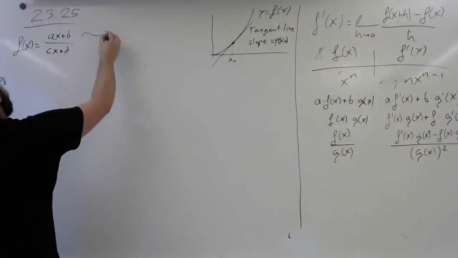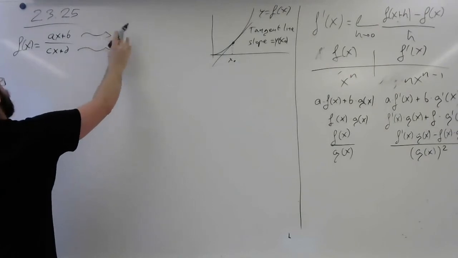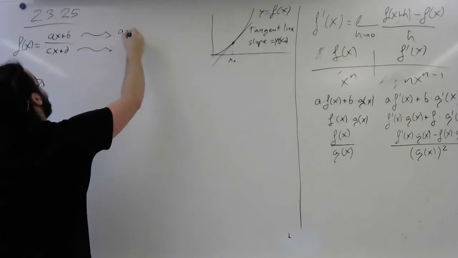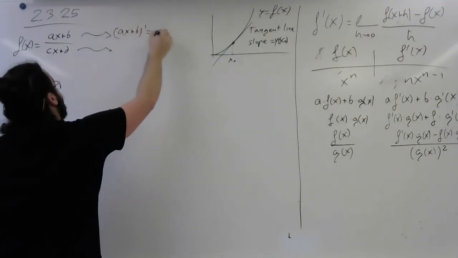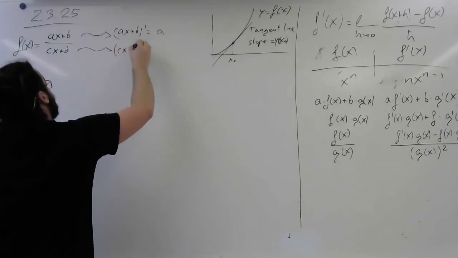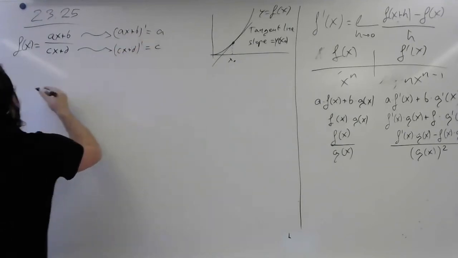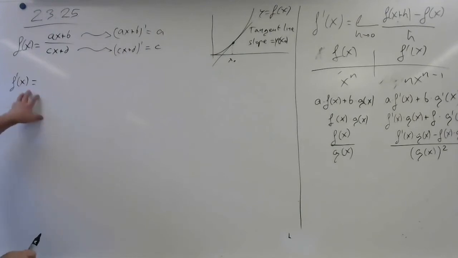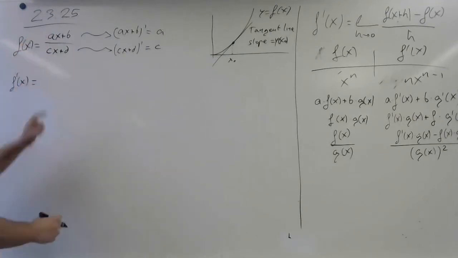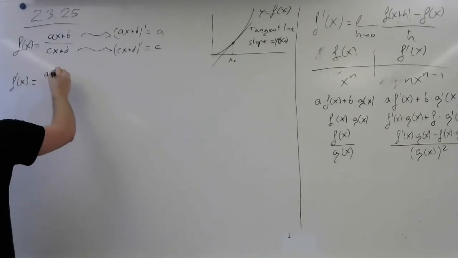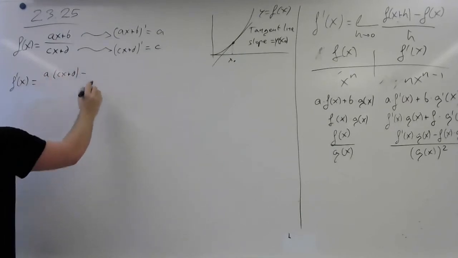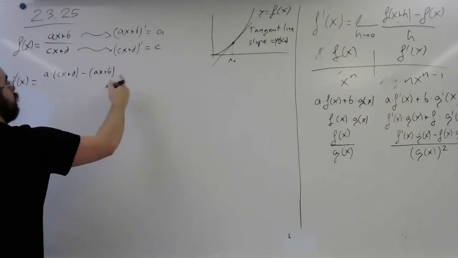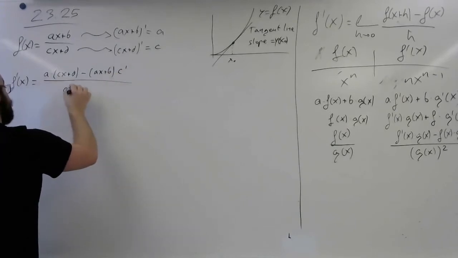Firstly, if we derivate, here we have the derivative of this is A, the derivative of this is C, and so the derivative of our function is derivative of the first times the second minus the first times derivative of the second divided by the second squared.